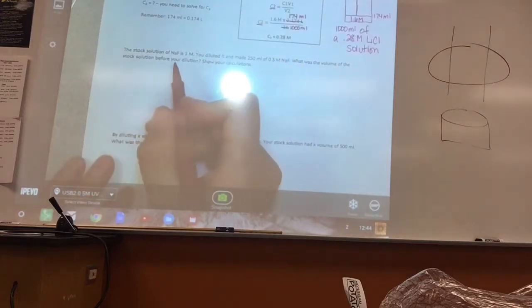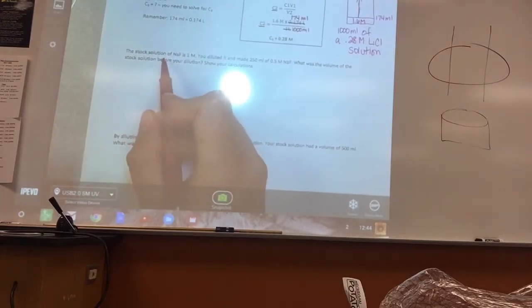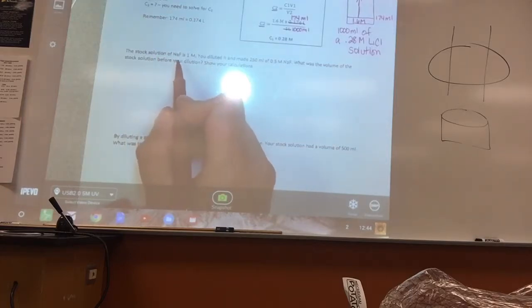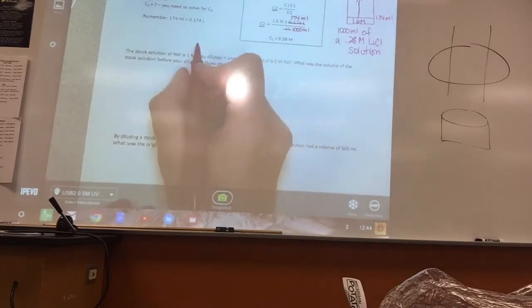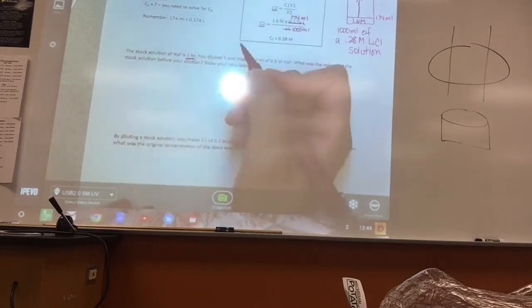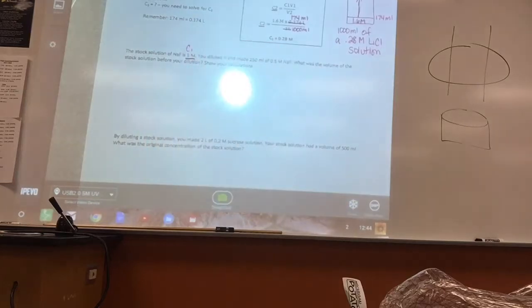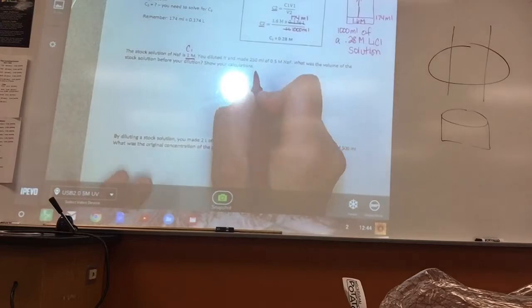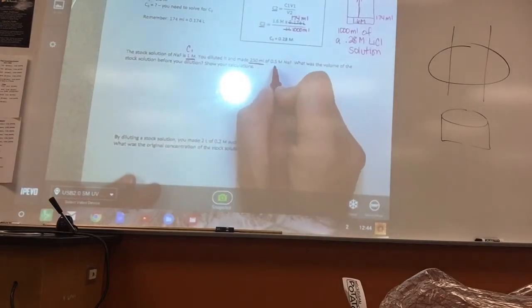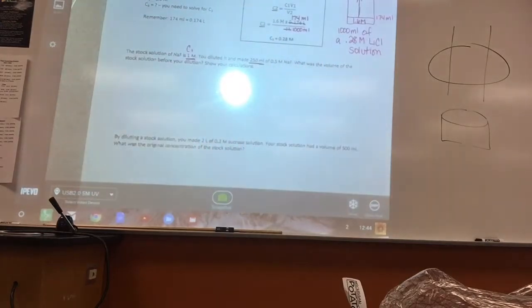Alright, so let's go through this problem together. It tells you the stock solution of sodium fluoride is 1 molar. So my stock solution, that's my beginning solution, and that's the molarity, so that is my C1. Then it says you diluted it and made 250 milliliters of a 0.5 molar sodium fluoride solution.